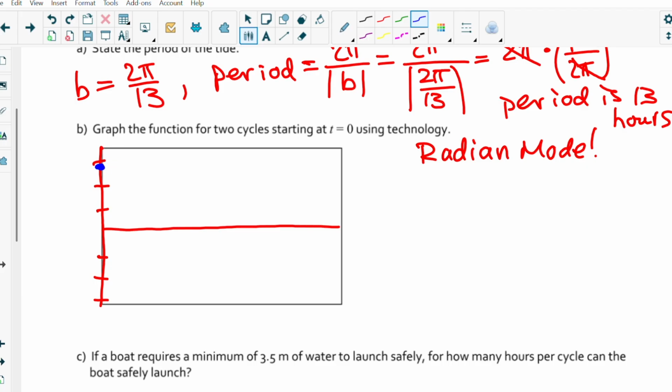Right there. Okay. Right there. Right there. Got a minimum there. Right there. Okay, and so on. So my graph looks something like this.